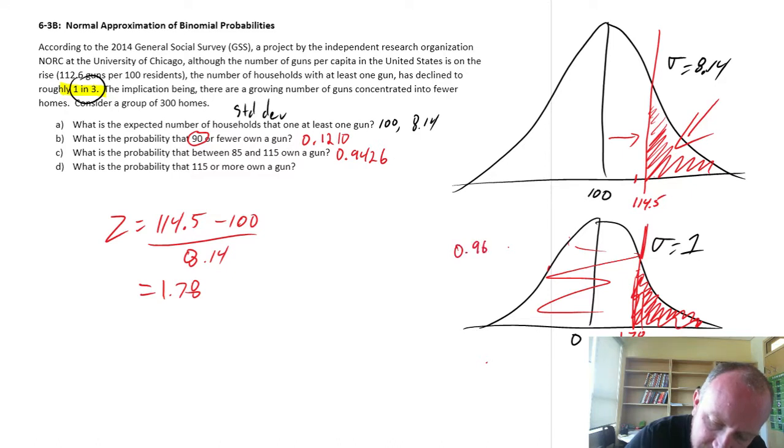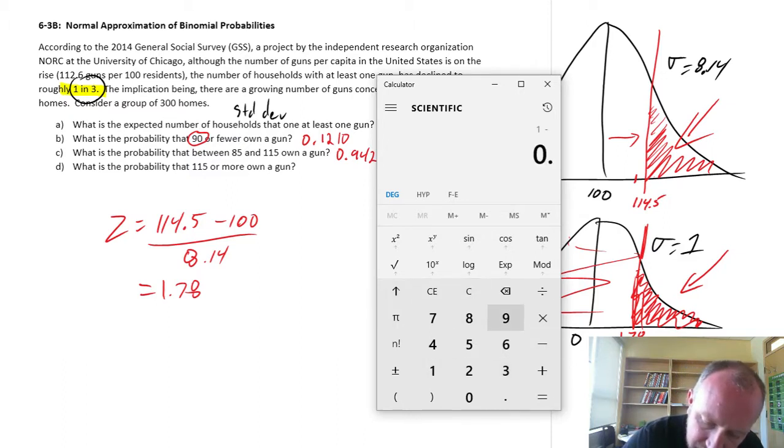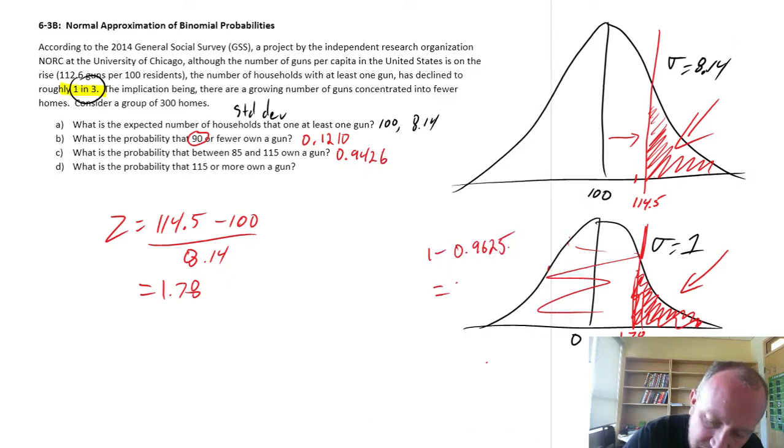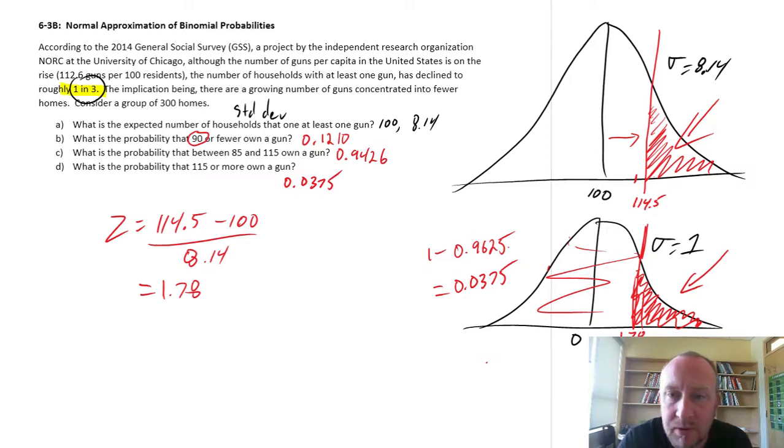If what I want is out here, then I calculate 1 minus this, and 1 minus 0.9625 is 0.0375. So there's my answer for the problem, 0.0375, the probability that 115 or more own a gun.